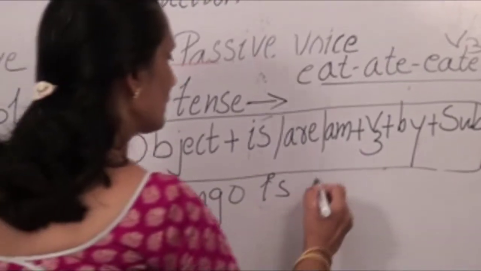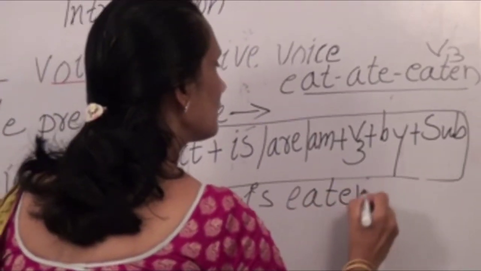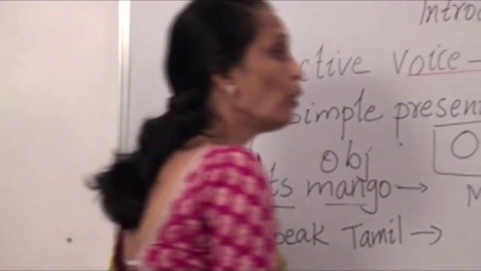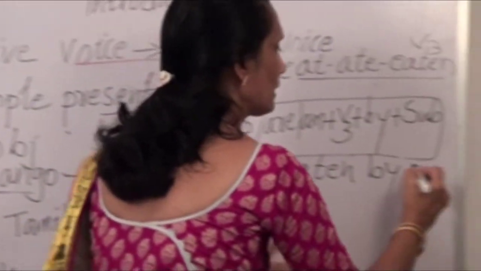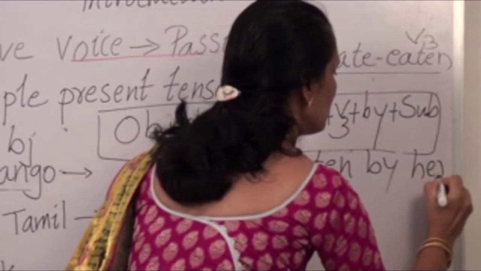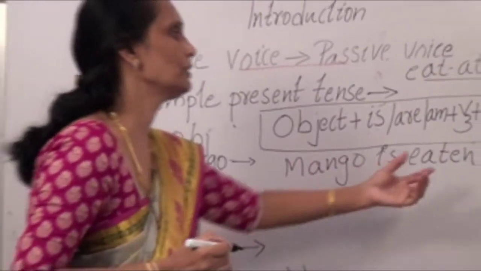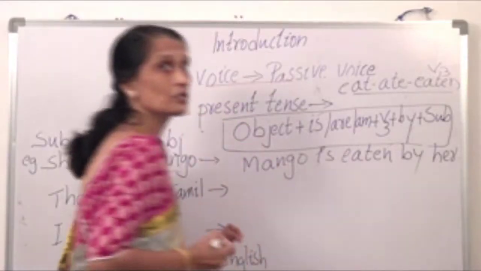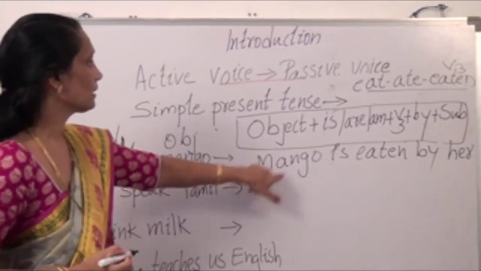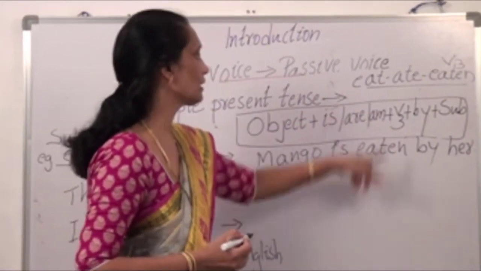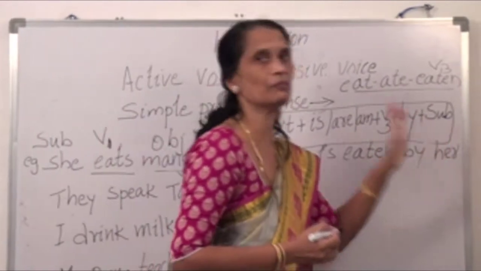Mango is eaten by whom? The subject will come there. By she? We don't write she, we write by her. Mango is eaten by her. So: object plus is or are or am plus V3 plus by plus subject.